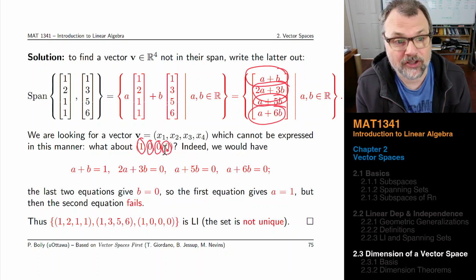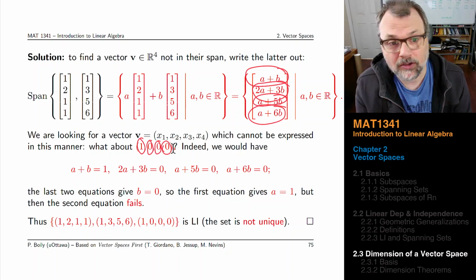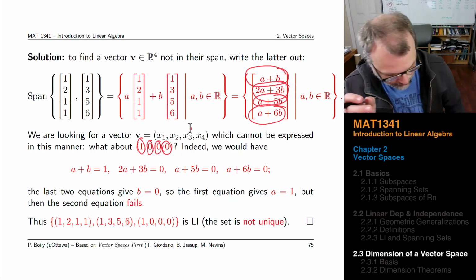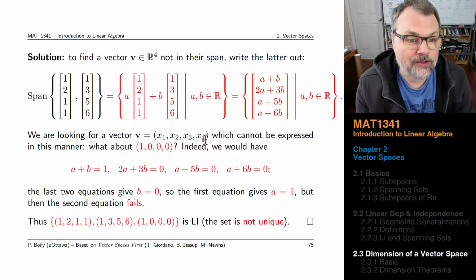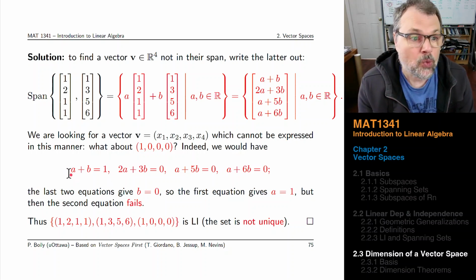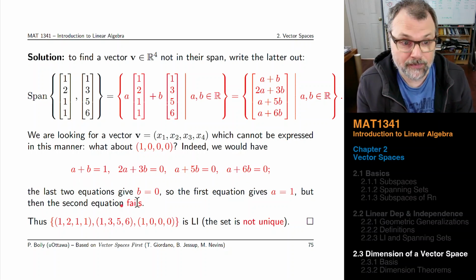Even though I wrote this here as a row vector, it's talking about the same types of things here. They're 4-dimensional vectors. So if we were able to write (1, 0, 0, 0) as a linear combination of (1, 2, 1, 1) and (1, 3, 5, 6), we should be able to solve this system.